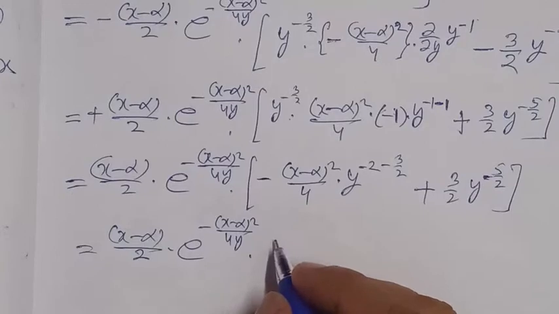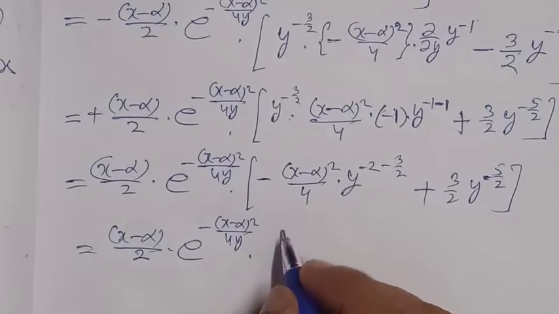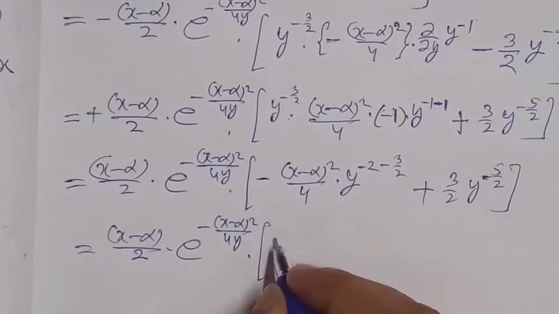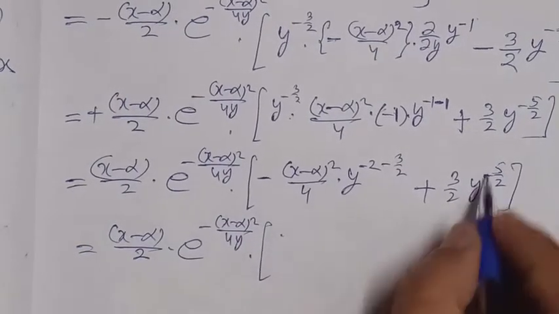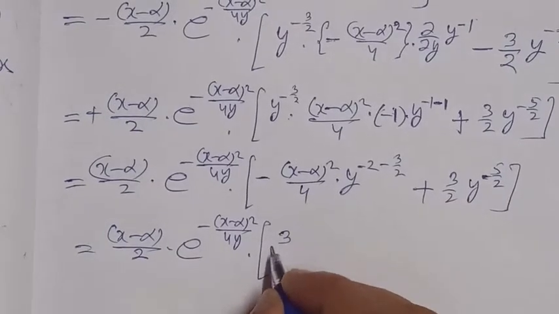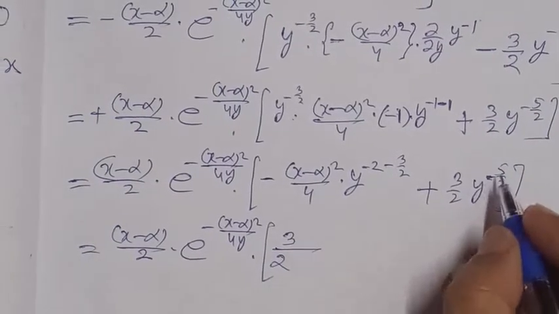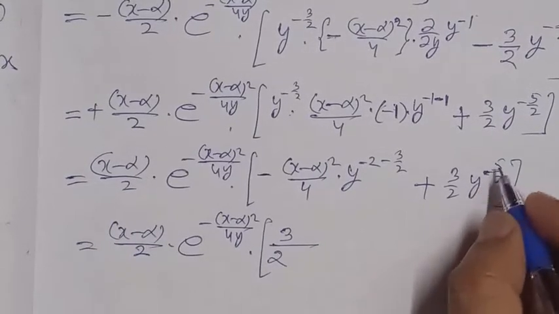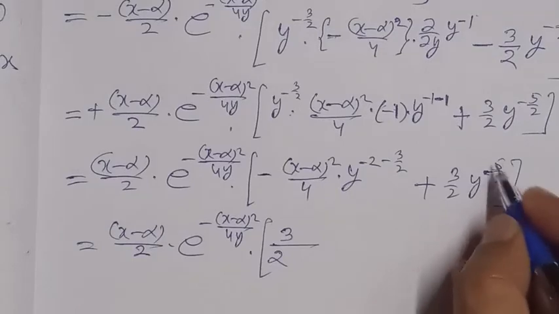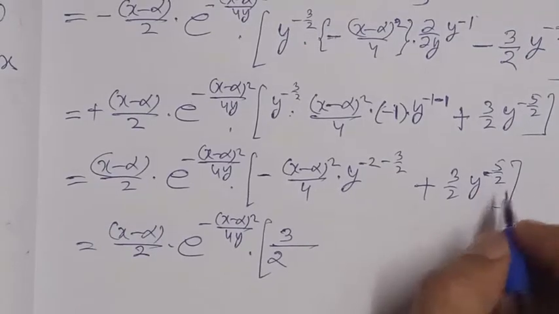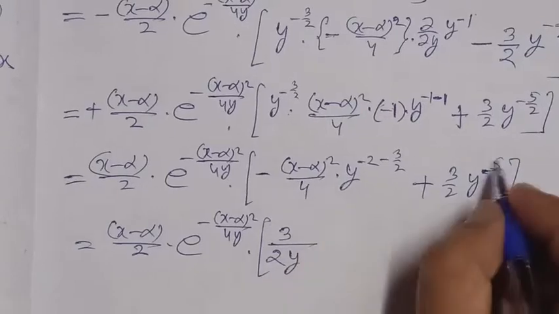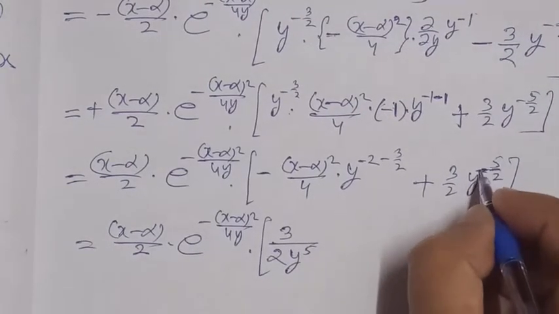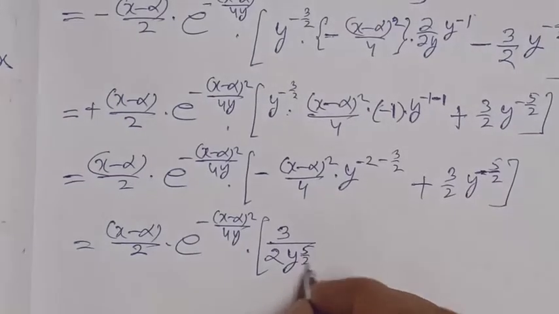We can now write the positive value first. I write first 3 upon 2, and if we change the degree of y to positive, taking y into the denominator, then the sign becomes positive from negative 5 by 2.